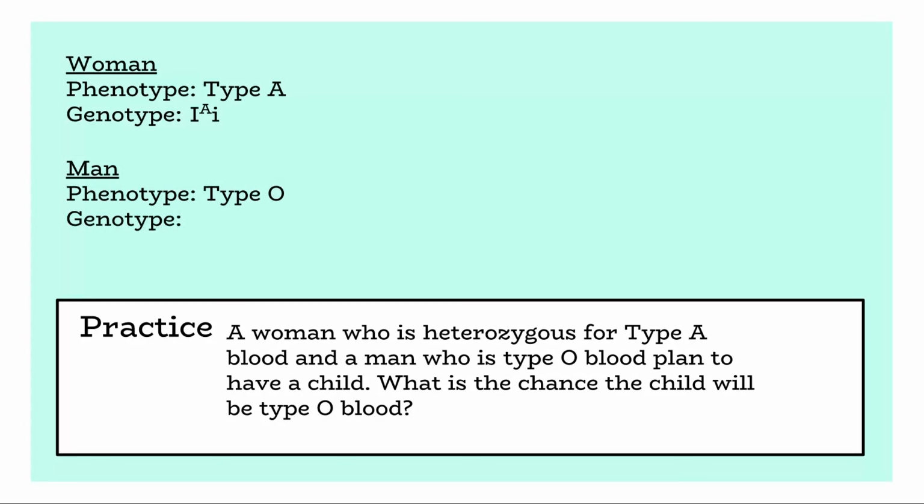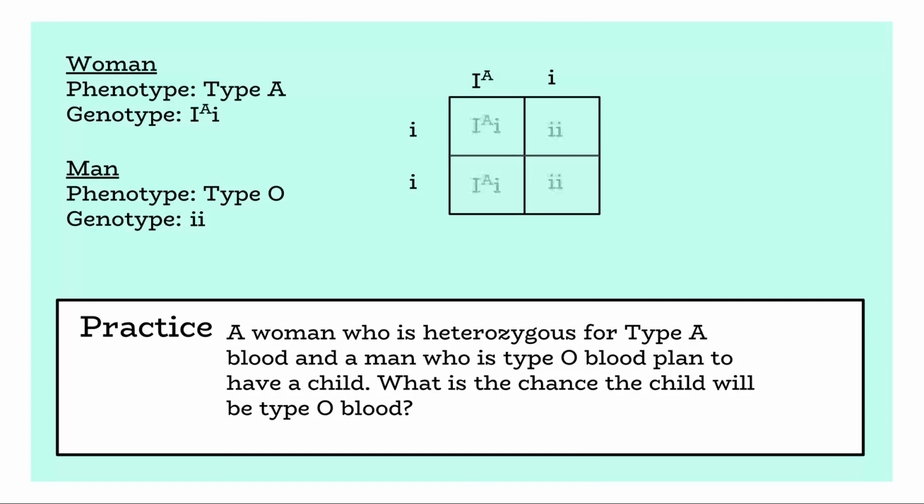And the man is type O, so he has to have both of the recessive alleles, little i, little i. Then just like we always do, we put those alleles on the outside of our Punnett square, we fill it in, and we can see that 2 out of 4 of these possible offspring will be type O blood, which means our answer again is 50%.